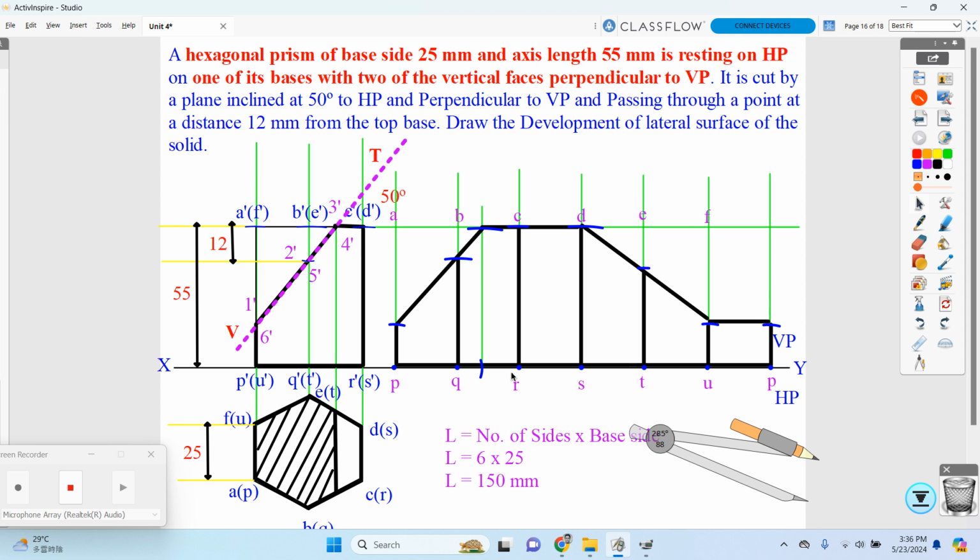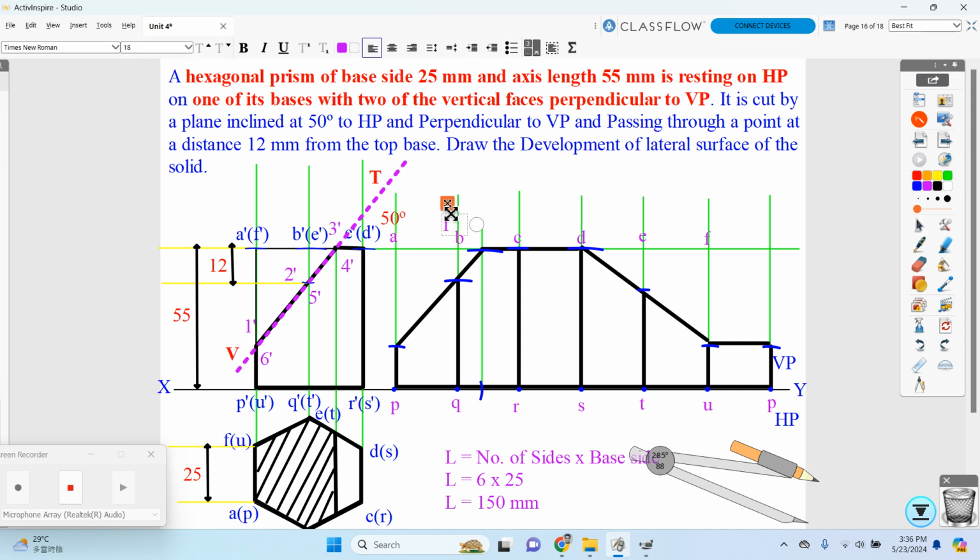Then we can mark the points on your cutting. So we have marked 1 dash, 2 dash, 3 dash, 4 dash, 5 dash, 6 dash. So we can mark over here, this is your first point. Then this is your second point, then this is your third point, then this is your fourth point.